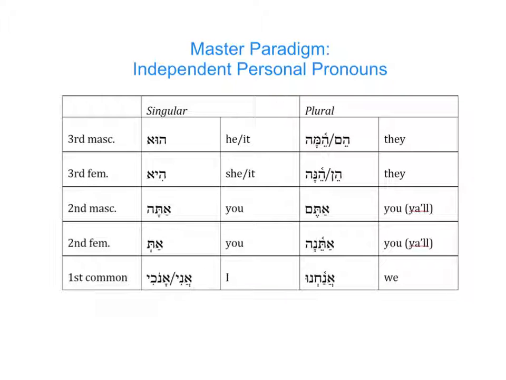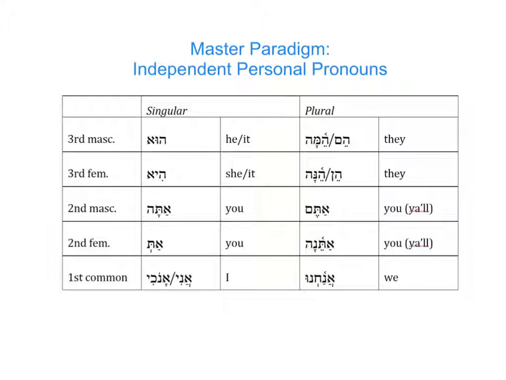But there's a few things happening here that we could at least just talk about and acknowledge, and a few ways that we can try to remember some things on this paradigm to aid us in memorizing or at least recognizing different forms. We could start by noting the obvious. There's no dual here. The pronouns relate to that world of nouns, but that dual, if that was confusing, then great, it's not here.